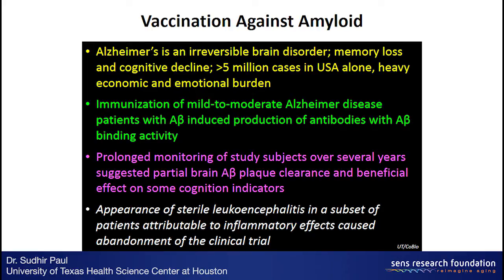However, a subset of the patients, about 6–7%, showed infiltration of lymphocytes in their brain in what is termed sterile leukoencephalitis. So essentially, there was inflammation in the brain as a consequence of the vaccination. So these trials were abandoned.